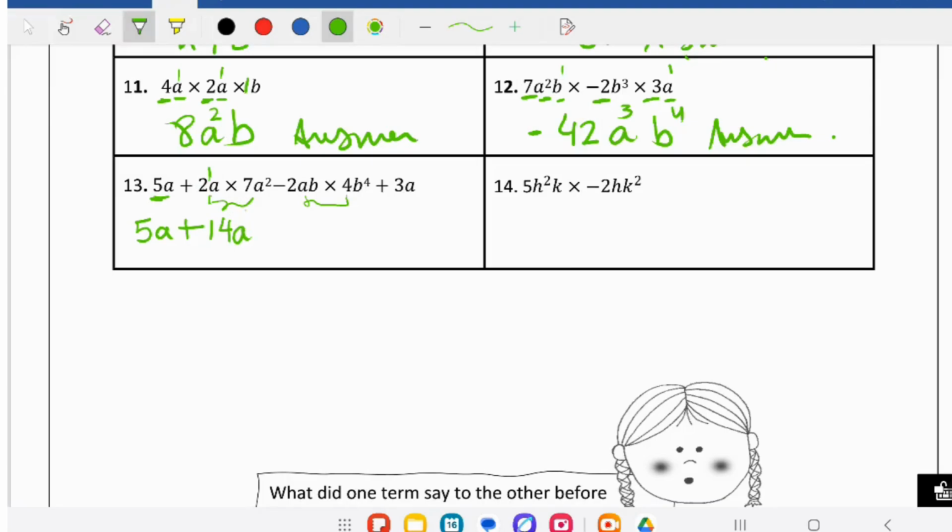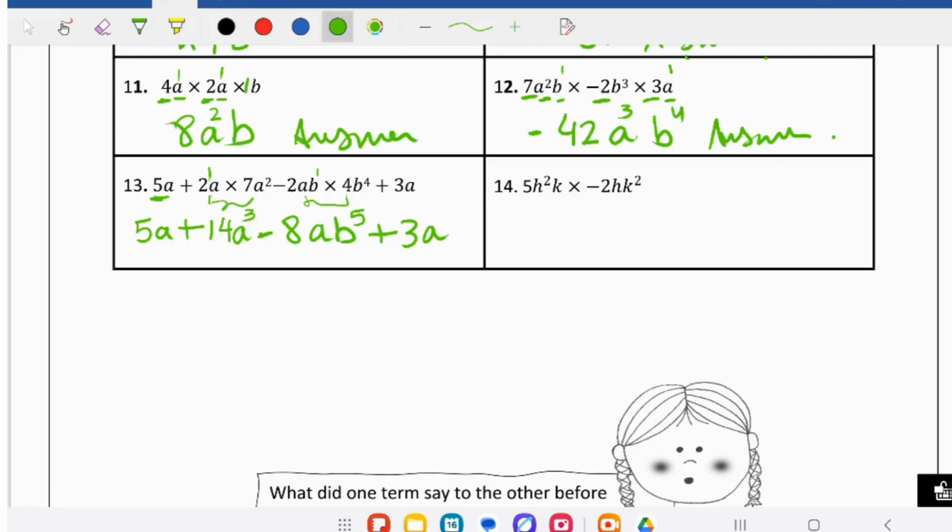Same bases, I'm going to add their powers. Negative 2 times 4, which is 8. a, there is no other term similar to a, and b to the power 1 and this is 4, b to the power 5, plus 3a.